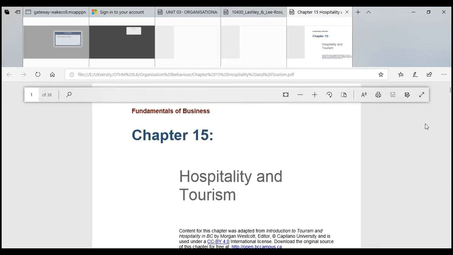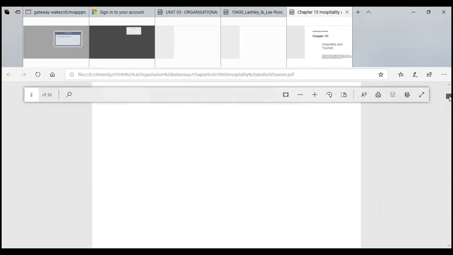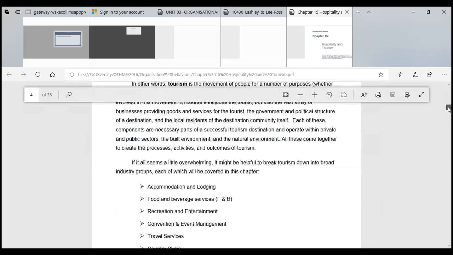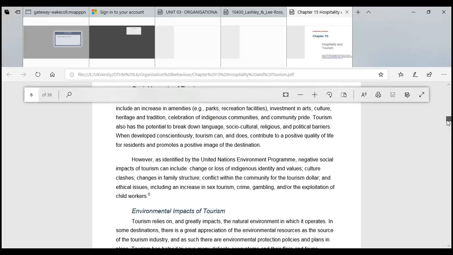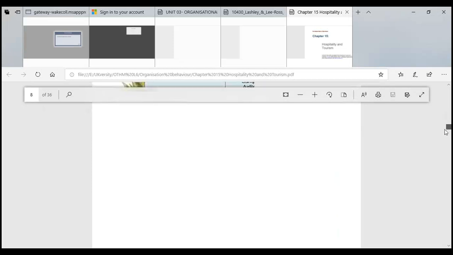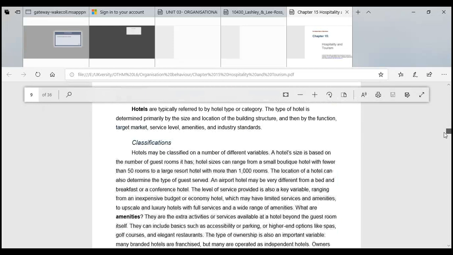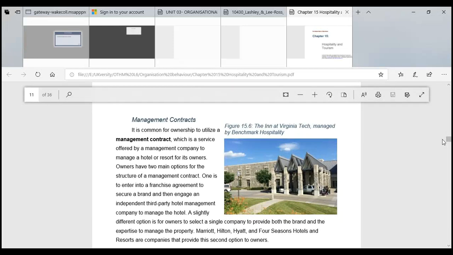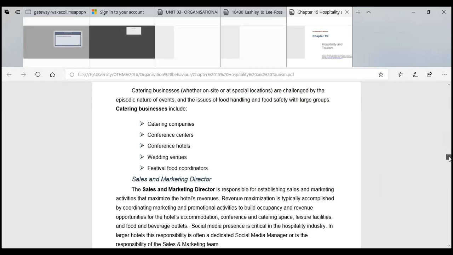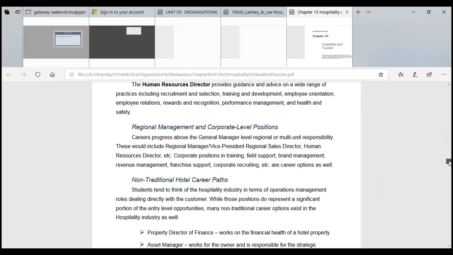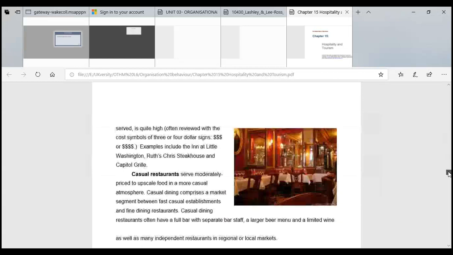So hospitality and tourism fundamentals, which we need to understand in business. It's not necessary to read it thoroughly, but at least get a bit of understanding of how we can organize correctly, and all this comes under hospitality. We can use different approaches as well.